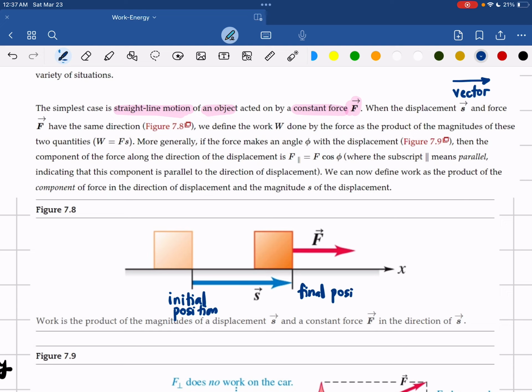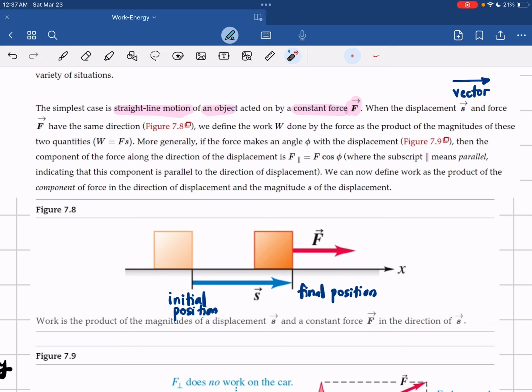So we know that if some object has a change in position, it means that it has moved. So it's in some motion. That's why it has some displacement. So displacement is an arrow from the initial position to the final position.